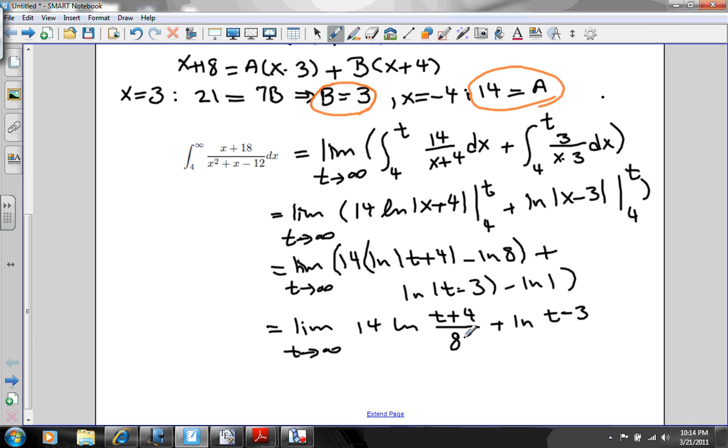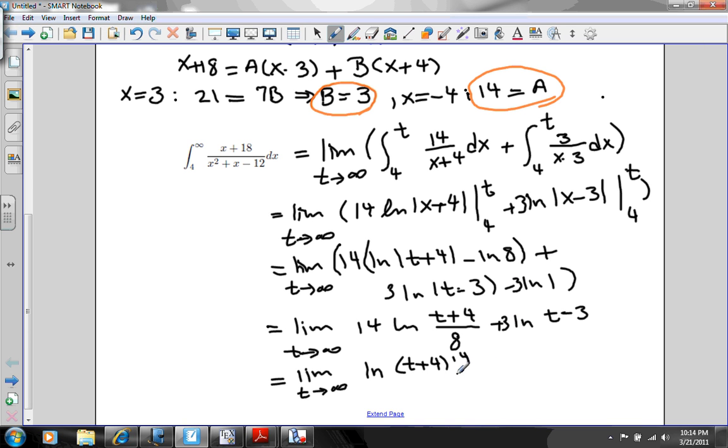Now this 14 can come inside as an exponent, and the same for the 3. Did we forget that 3? Yes, we did. So there's a 3 here and a 3 over here.